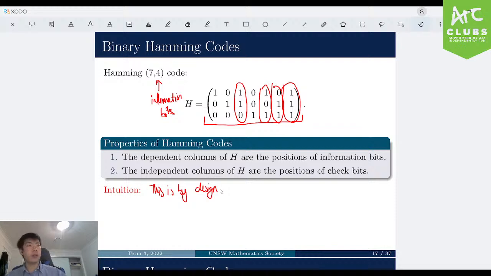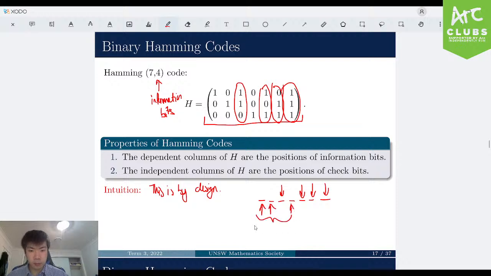And so for any given information bits, we want there to always be a unique solution for the check bits that then form our message. For example, in our 7-4 Hamming code here, we have 1, 2, 3, 4, 5, 6, 7. We have an info bit in position 3, and info bits in positions 5, 6, and 7. For whatever rearrangement or combination of values we choose to be in the 3rd, 5th, 6th, and 7th position, we want it so that there will always be a unique solution.